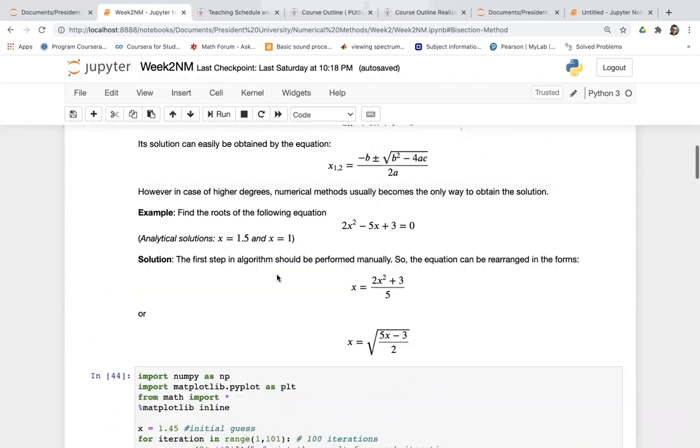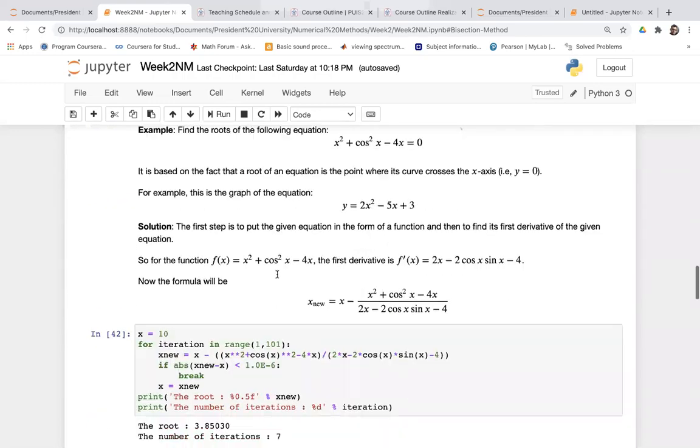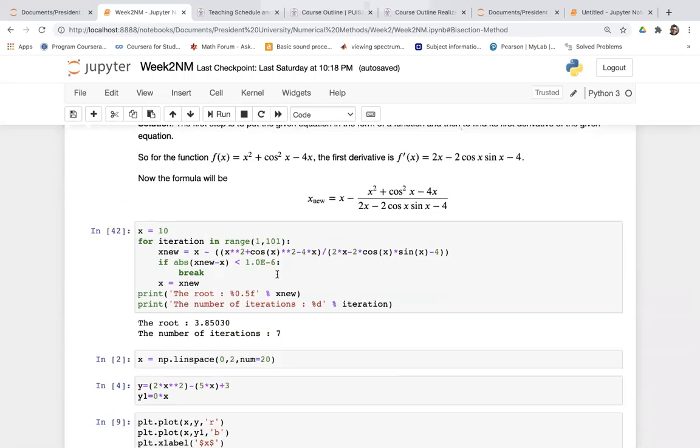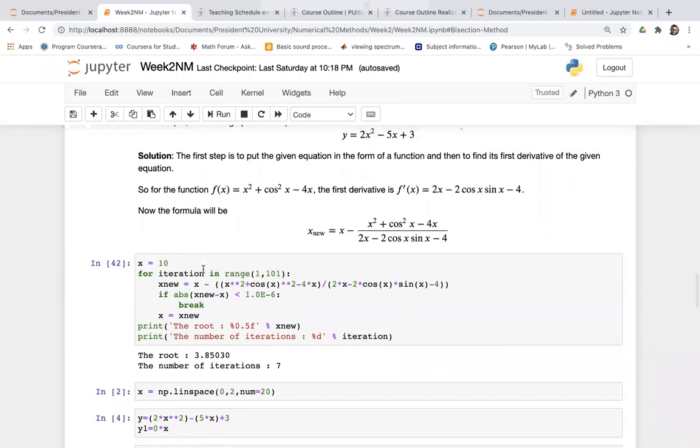Okay, let me see the start. Okay, so here it is, yeah? You put the initial guess in here. We are starting with the initial guess, and then you do the iteration, yeah, for iteration 1 until 100.